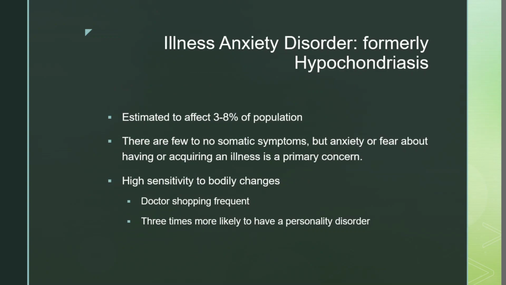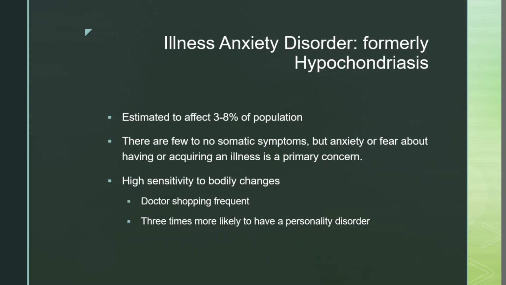So then we have our illness anxiety disorder, and this is formerly known as hypochondriasis or hypochondriac, as you guys might have heard in the past. This is estimated to affect 3 to 8% of the population. And so with these guys, there are few or no somatic symptoms.